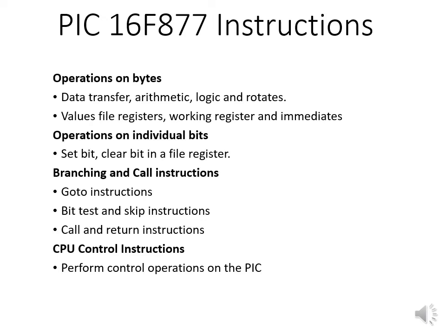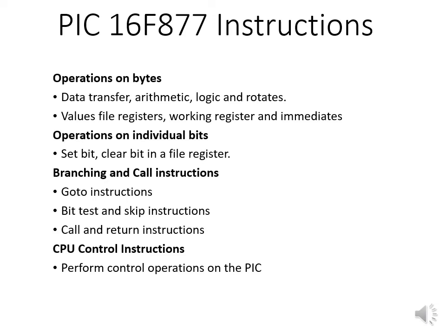Then we have a group of instructions that carry out branching and call operations. So under this, we have the goto instruction. This causes program execution to branch to a particular instruction in the program. We've got the bit test and skip instruction.